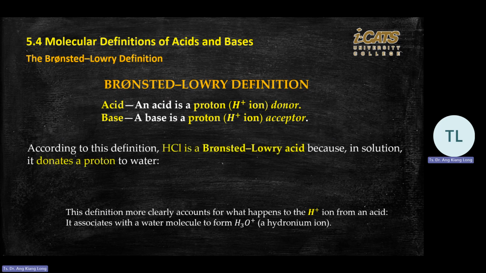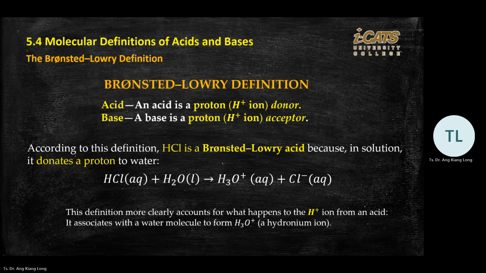Now, for example, HCl. The question can give you the same acid and ask you to give two definitions, one based on the Arrhenius definition, one based on the BL definition. For example, HCl. If you use BL, how? You see, it donates a proton to water.